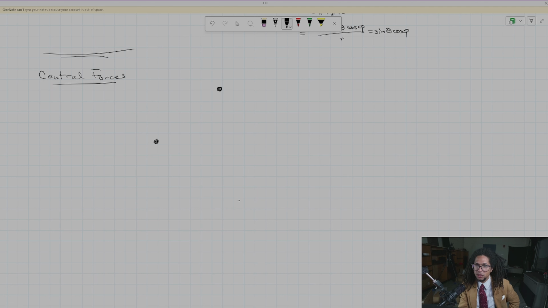So let me say this is the object A and this is the object B. And what I need is that the force between A and B, so either the force of B on A or the force of A on B, is collinear with the deviation. So what I have is that F_AB, for instance, is parallel to, collinear with if you want, r_A minus r_B. Great.